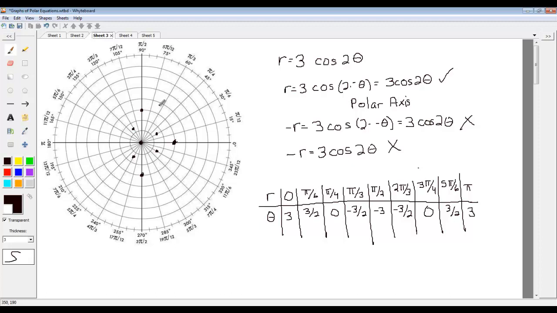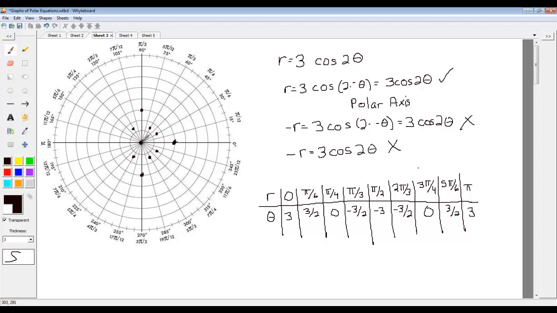At 2 pi over 3, you're going to have negative 3 halves. So here's 2 pi over 3, but you're going to have to go this direction 1.5. But hey, you can reflect across and end up here. Then 3 pi over 4, you're going to be at 0, which you already got a 0.